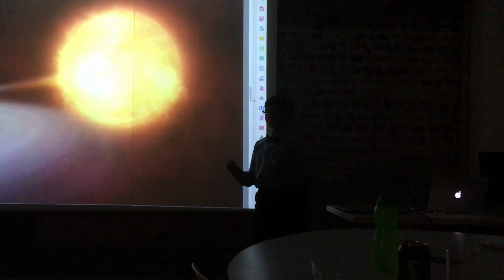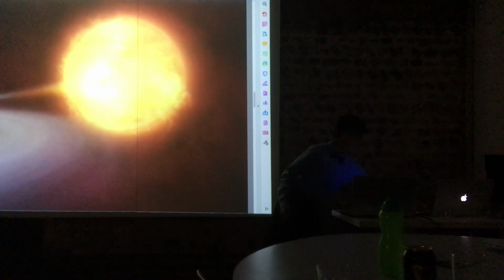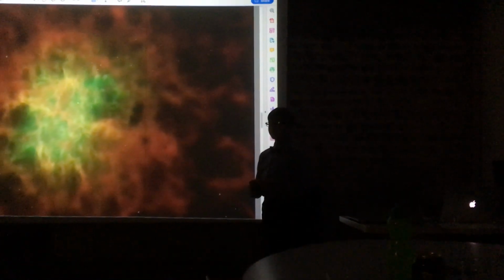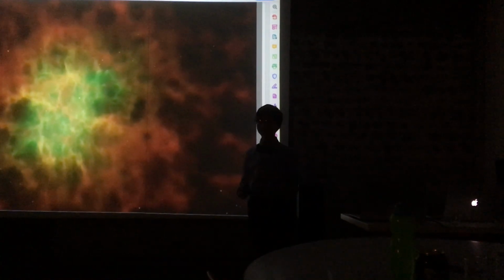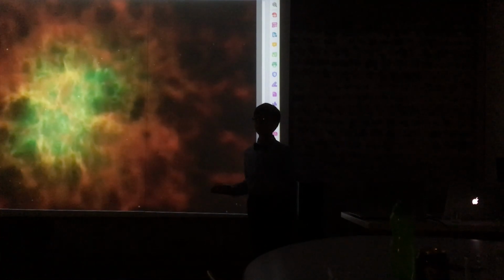Iron eats up all the energy from the star's nuclear fusion, and the white dwarf star explodes, sending iron across the universe. What about elements that are heavier than iron, like gold and silver?